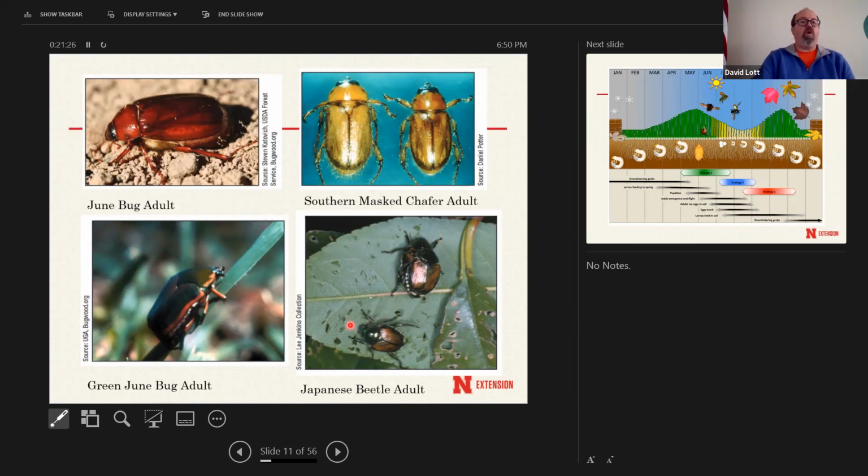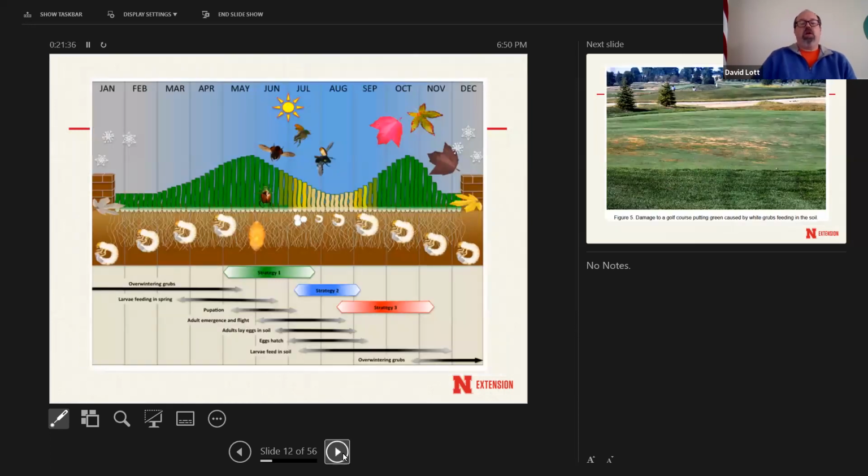So those are four really quick pictures of the adults that do most of the damage that fall under our grub category. And then here is a really good diagram, also from Purdue University, from that publication that talks about the development stages of these grubs and when they overwinter. They're going to overwinter deeper in the soil in the winter.